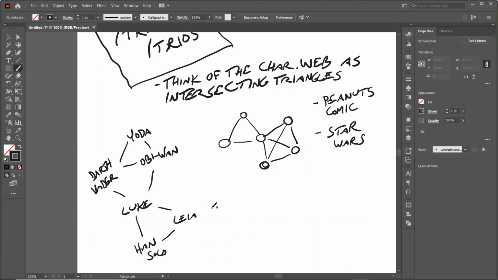And those of you who have watched all the movies know that Leia could be here, and there's a connection between Leia, Luke, and Darth Vader again. So Leia again, and so on. So yeah, intersecting triangles. Ta-da!